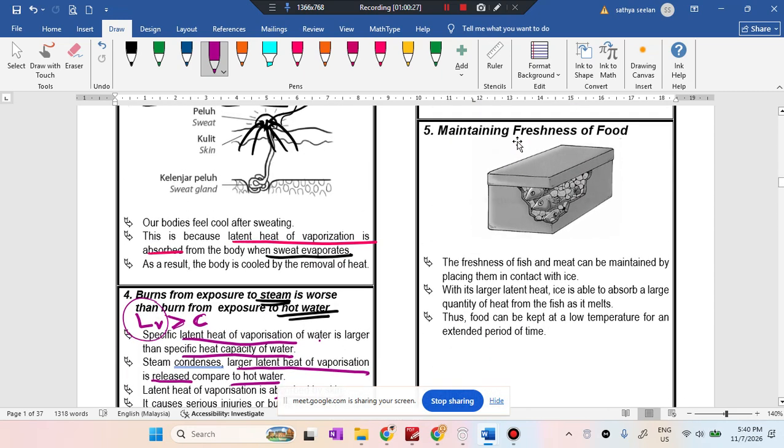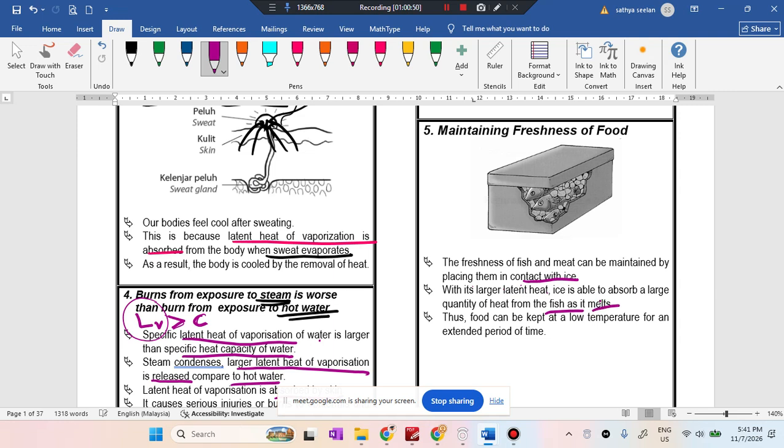Okay. And then, kita nak jaga freshness of fish and meat. Okay, we place them in contact with ice, right? So as usual, we know that with a larger latent heat, ice is able to absorb a larger quantity of heat from the fish. Dia tak bagi panas.